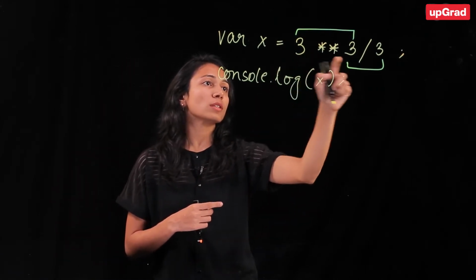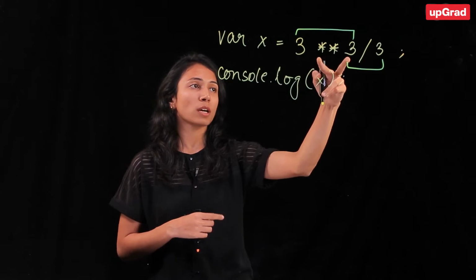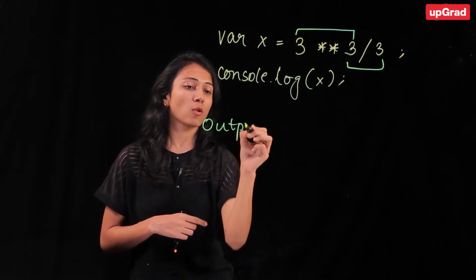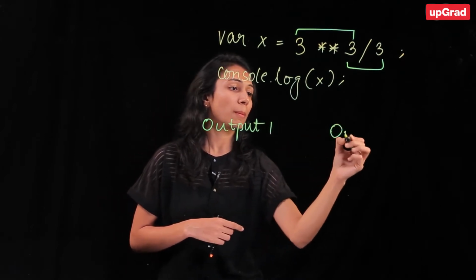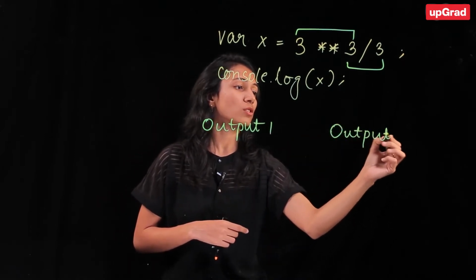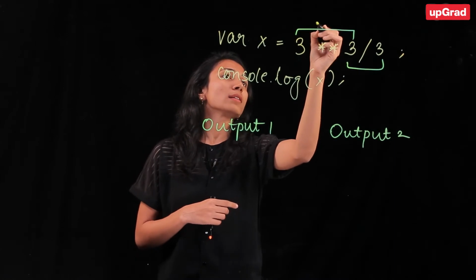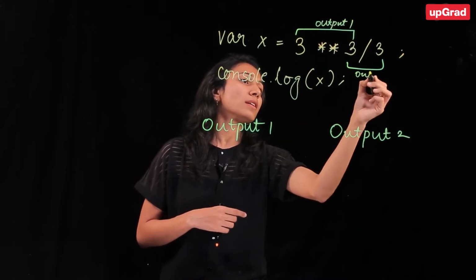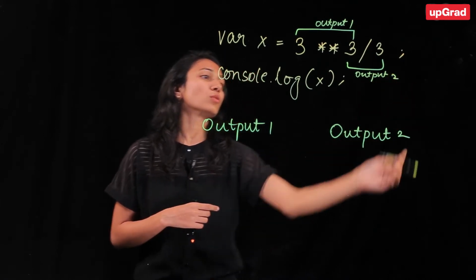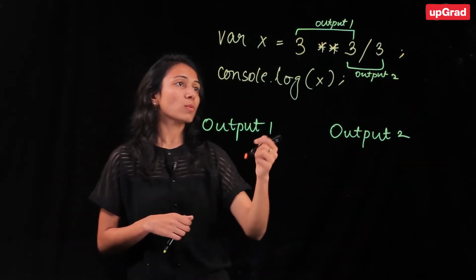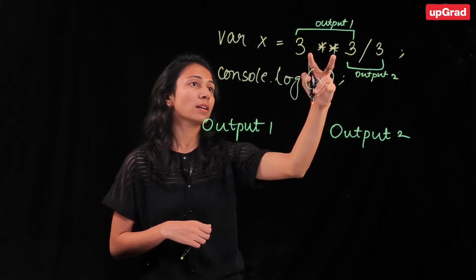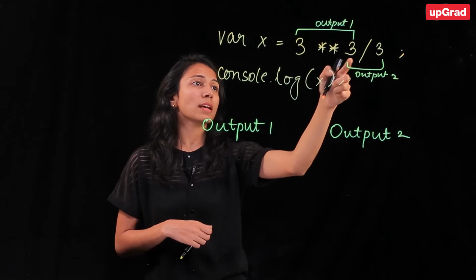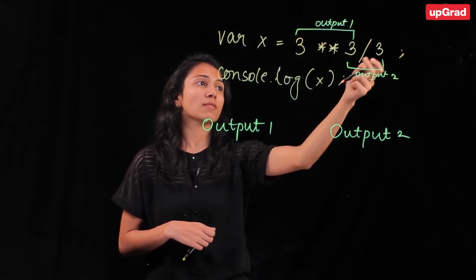Let's write both the outputs, output 1 and output 2. In output 1, 3 is raised to the power of 3, which is 27, and then the result is divided by 3.